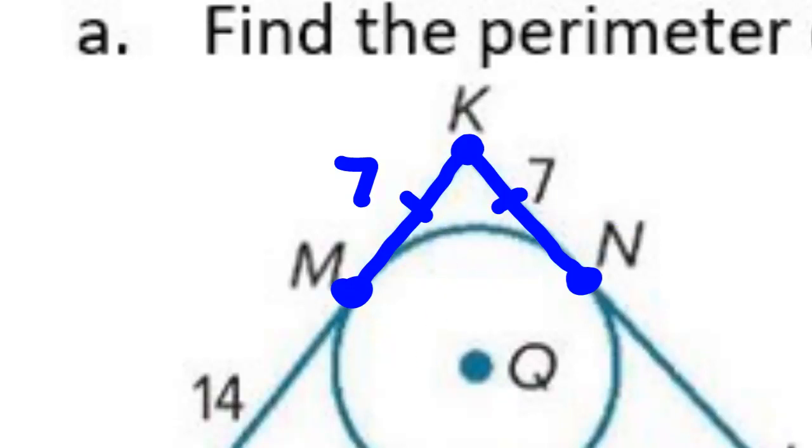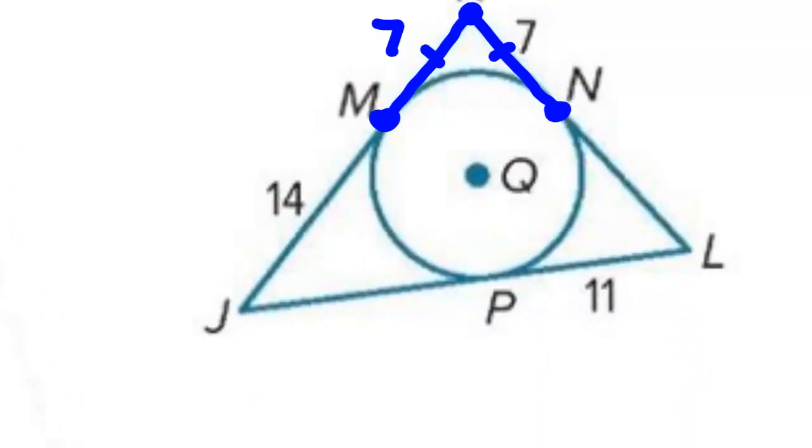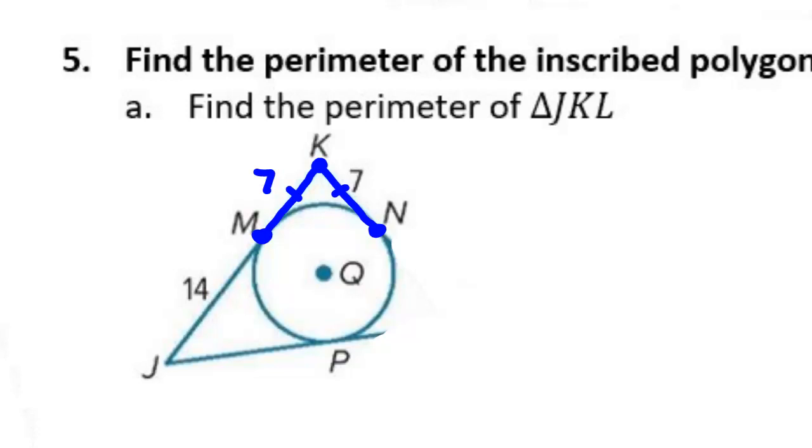All right, now we're going to do the same kind of thing over here. I'm going to pretend like I can't see any of this for right now. I have that same kind of ice cream cone thing going on. So what would that mean about my top segment and my bottom segment? Yes, JM is congruent to JP.